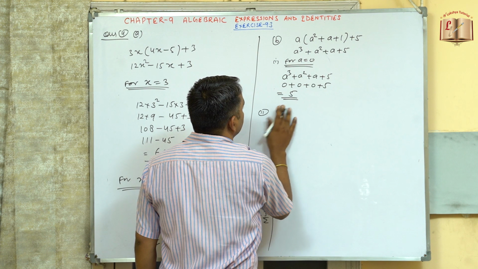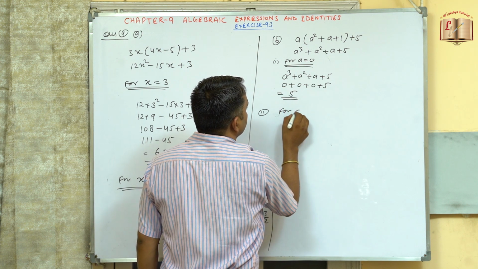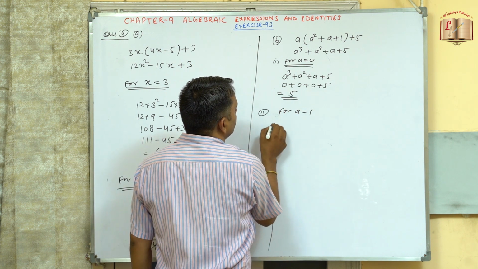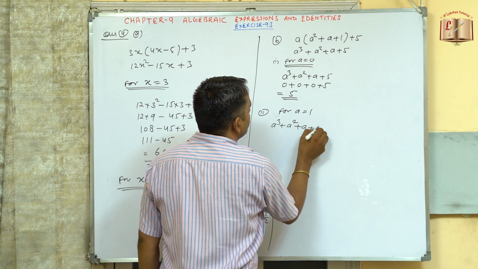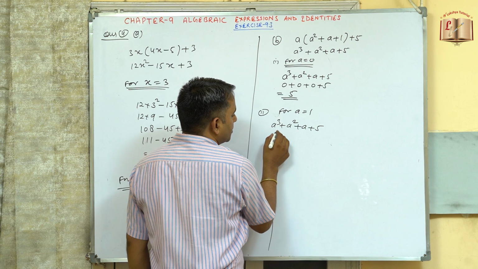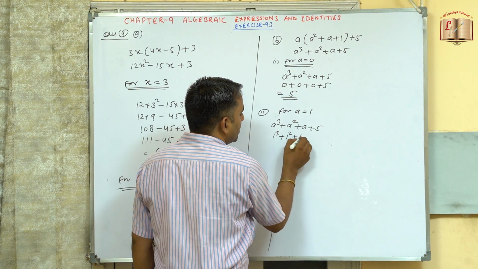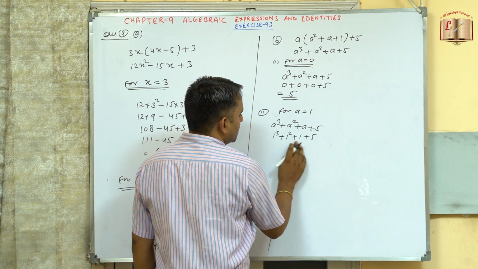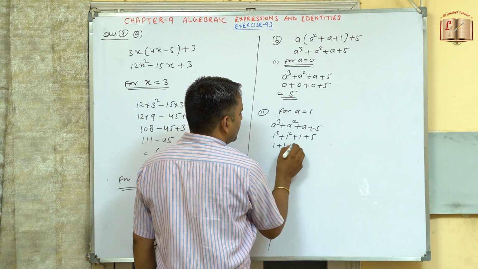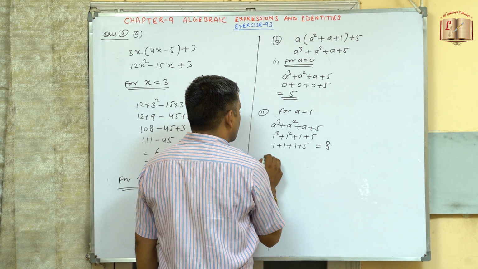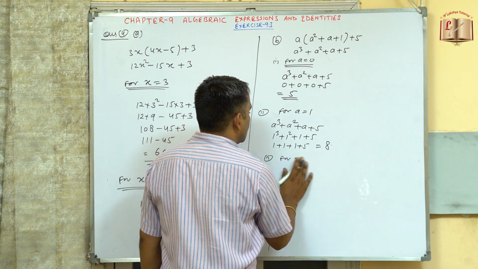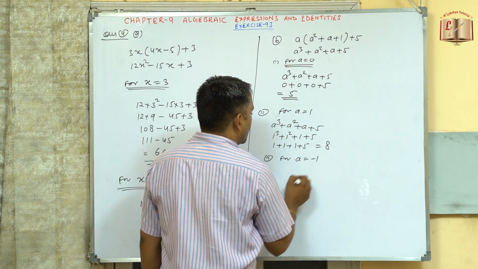Similarly for a equals 1, this will be a cube plus a square plus a plus 5. For a equals 1, this is 1 cube plus 1 square plus 1 plus 5. So this is 1 plus 1 plus 1 plus 5, which equals 8. Now the third part, for a equals minus 1.